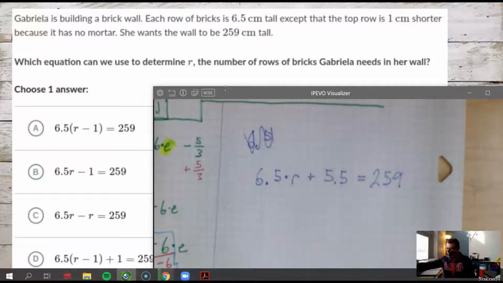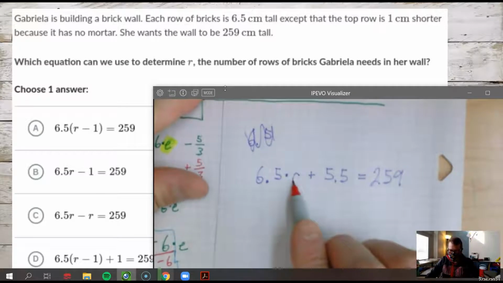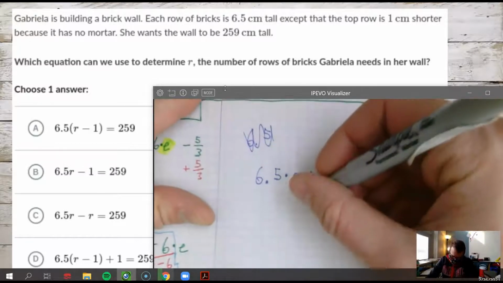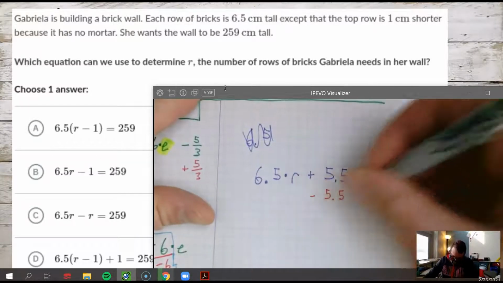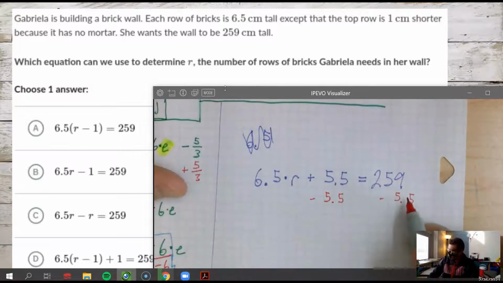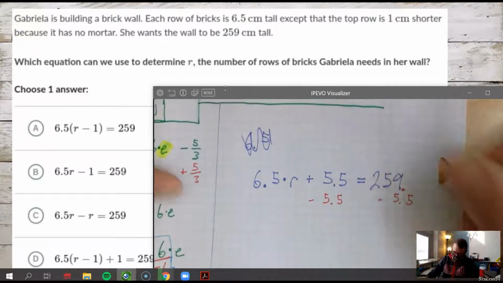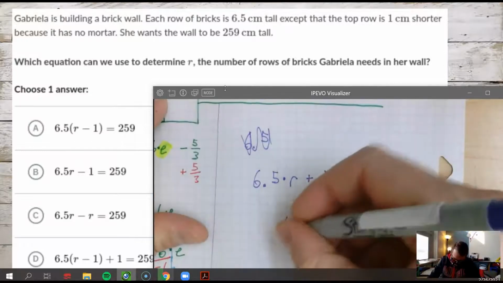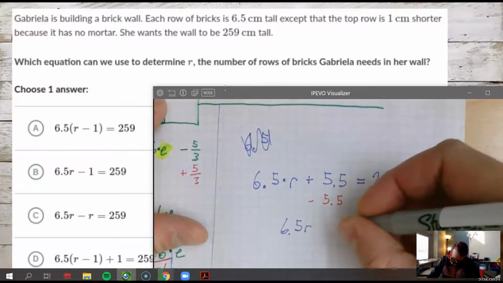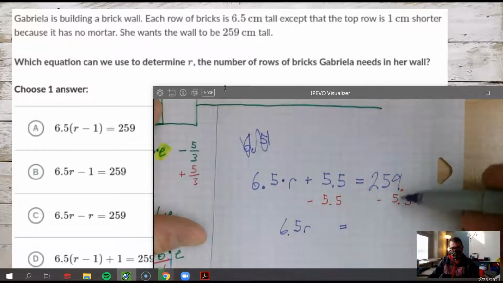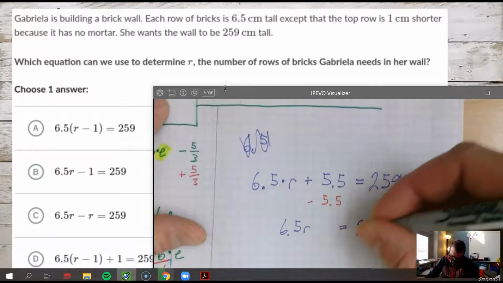So now we use inverse operations. Forget about the thing directly attached to the variable for right now and deal with the addition or subtraction. Trying to line up decimal places over here to be appropriate. 259 minus 5.5 is 253.5.